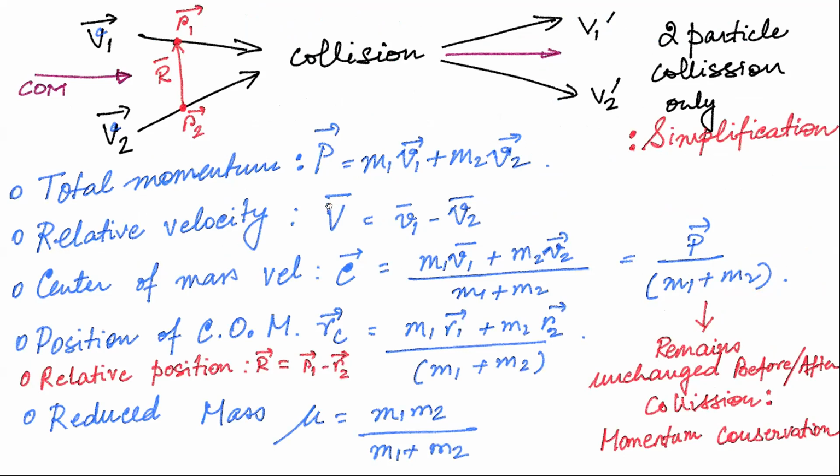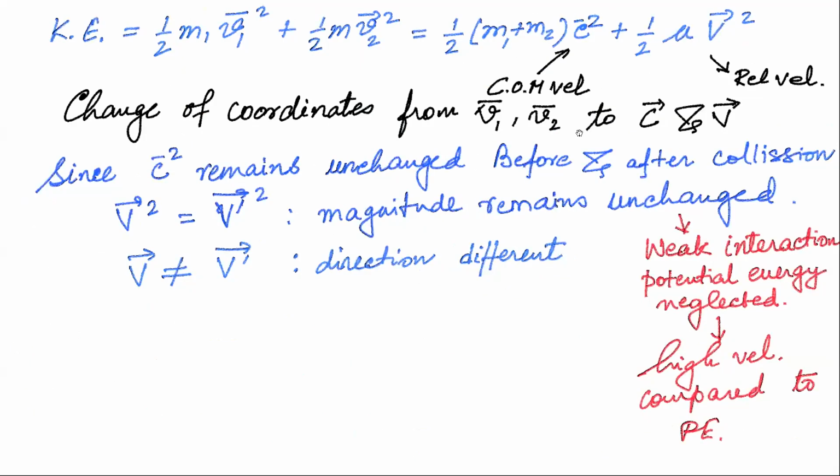This capital V is the relative velocity. Just to remind you, the individual velocities were written with these curly v. So you can just substitute the expressions for c squared and V squared, and you will get half m1 v1 squared and so on.